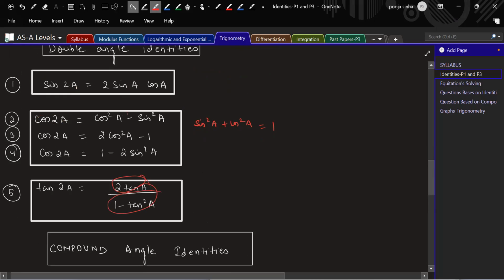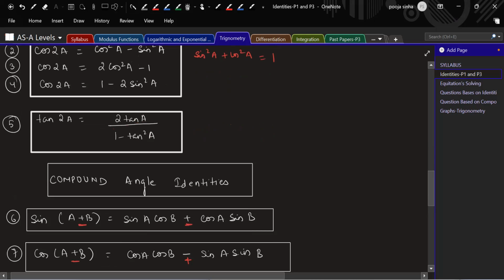But again, anyway we have to memorize all of these. This has to be on our tips. We will be using them very often. So we will remember them as a formula only. Derivation is good to know. So tan 2a is 2 tan a upon 1 minus tan square a.